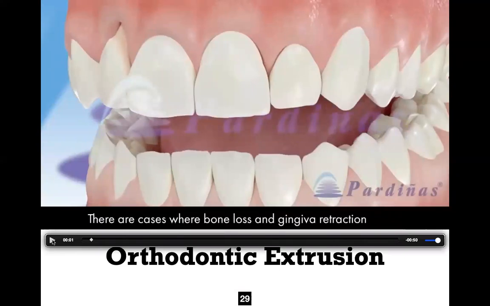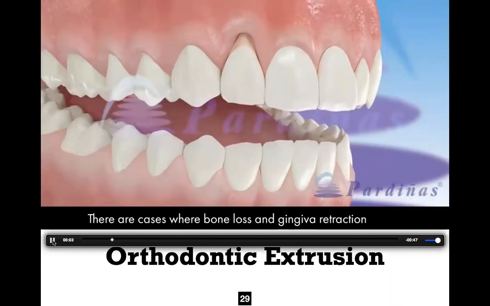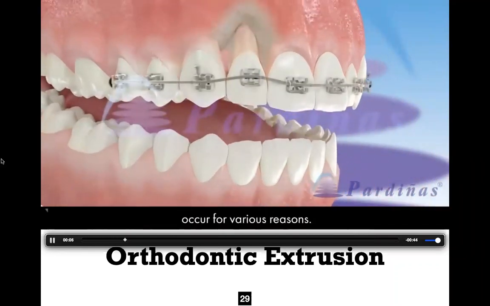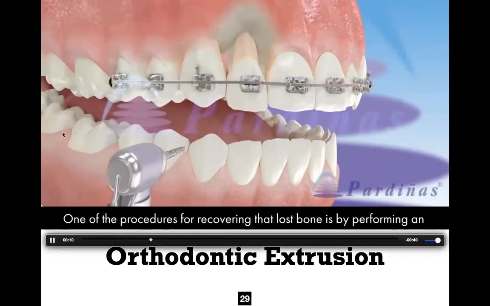Otherwise, you have to open that extensive, huge surgical site, and there won't be any calculation of how much bone you're going to be reducing, right? Over here, did you have to plan any such thing? No, you were undergoing ortho treatment, and the tooth was anyway extruding itself, and you were reducing it, and eventually you got the bone that you wanted, right? Showing it to you again.